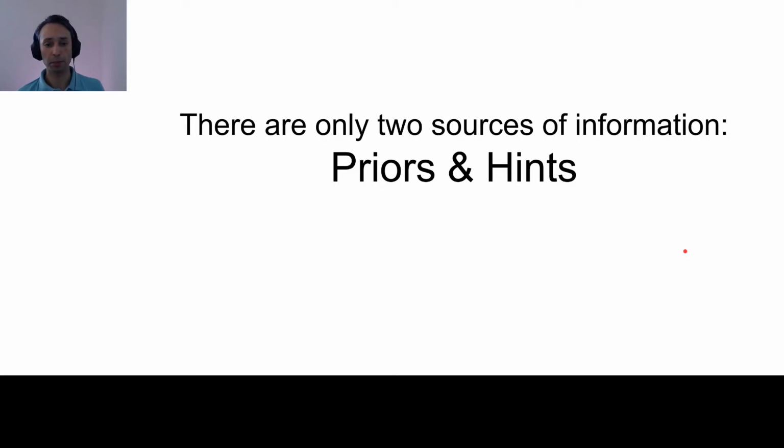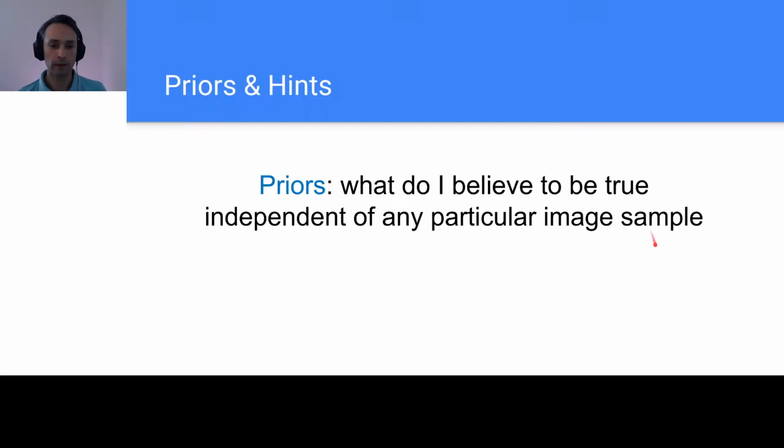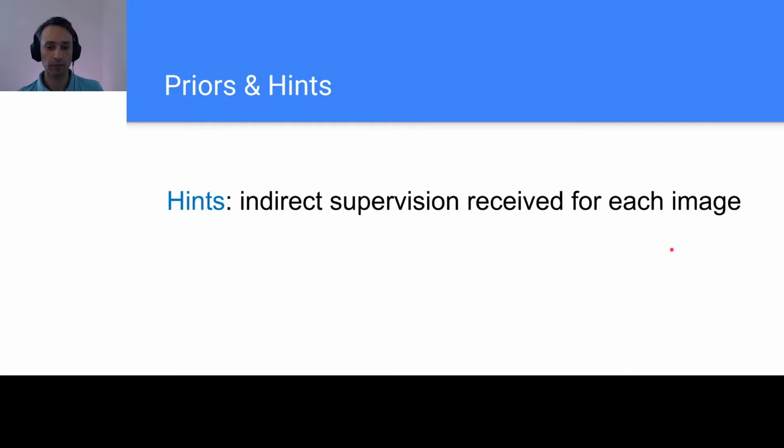There will be priors and there will be hints. Priors is whatever you believe to be true, independent of any particular image sample or annotation. It is what you know about the problem before even starting looking at the data you have collected. While the hints are those indirect supervisions that you have received for each one of the images on which you have some annotations.